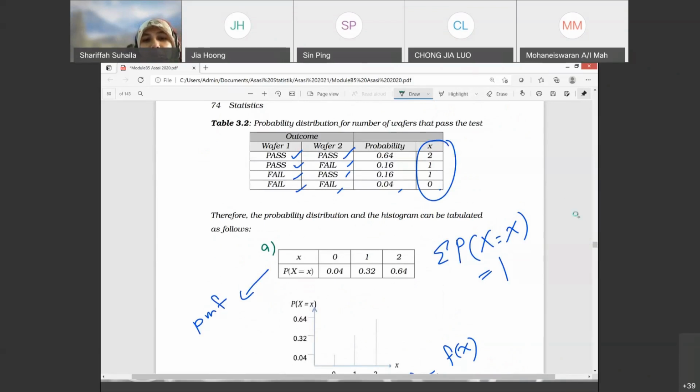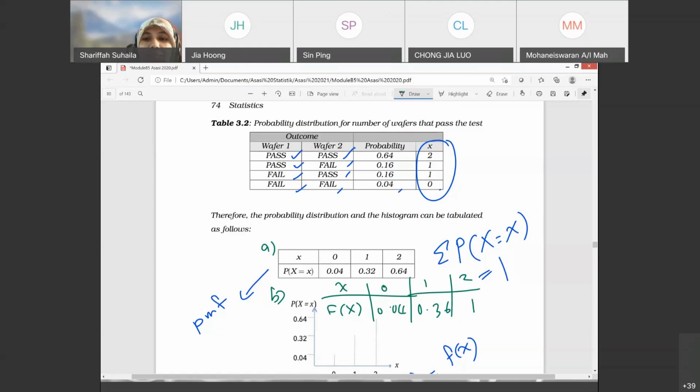So again, buat table X, capital Fx. Letak value 0, 1, 2. So ini 0.04. 0.32 plus 0.04, so 0.36. And then the last one, 0.64 plus 0.32 plus 0.04. So that means you will have 1.